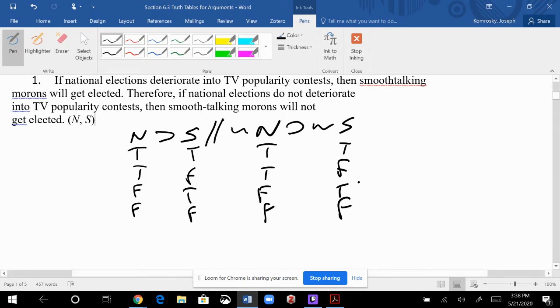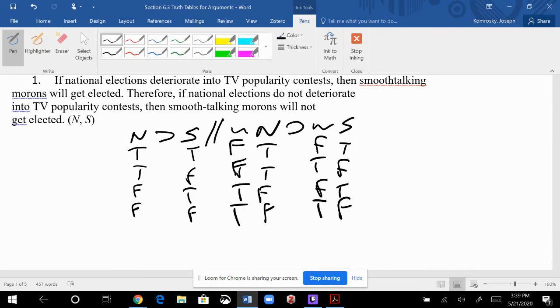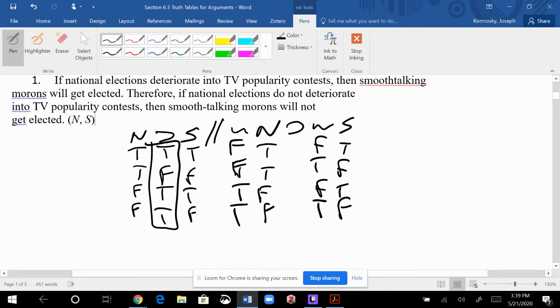Okay, so let's negate these guys, meaning we're just taking the opposite of whatever it gives us. And then we know we have the main operator. So let's do this horseshoe over here to the left-hand side. True and a false, so that's false. Everything else is true. And then keeping in line with what Hurley says, that's our premise.